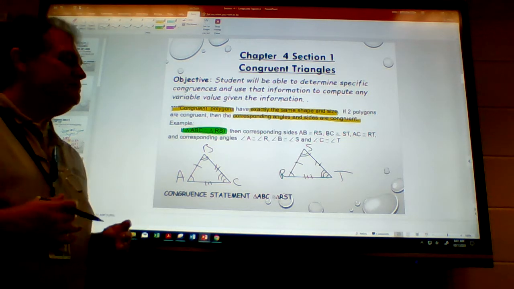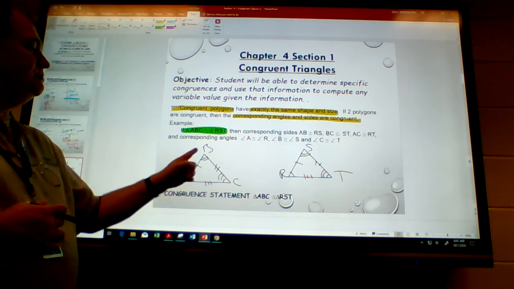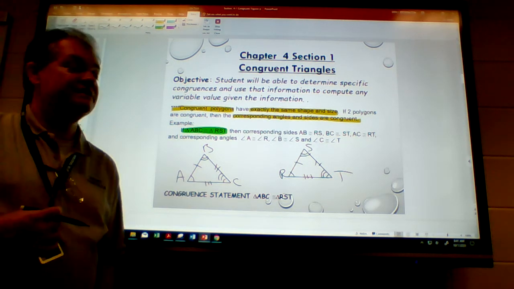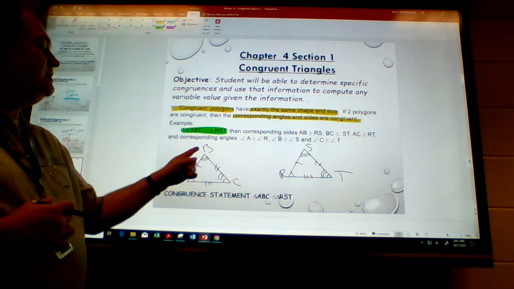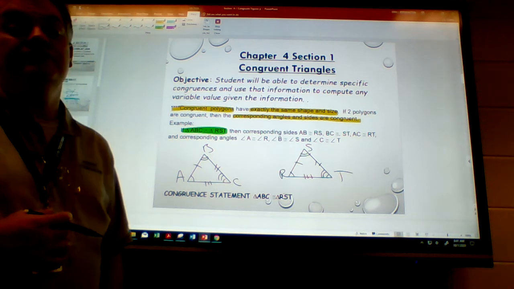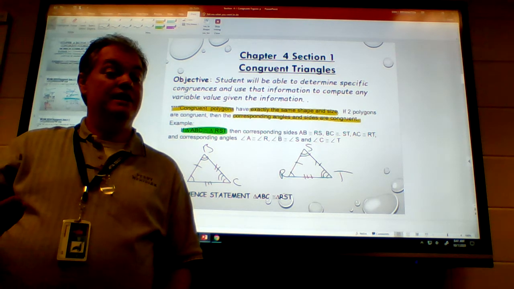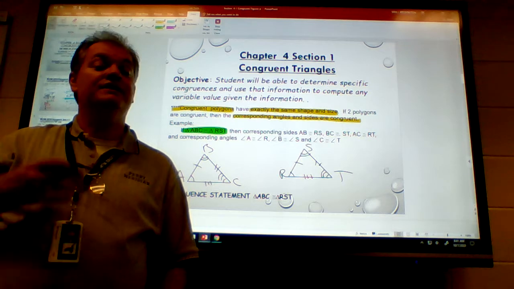The reason we do this is we show that A and R are congruent, but they're not congruent with any of the other angles in their diagram. Because if I put just one curve here, that would show that A and B would be congruent, and we don't want to do that because we don't know. All we know is that A is congruent to R, B is congruent to S, and C is congruent to T. That's all we know.